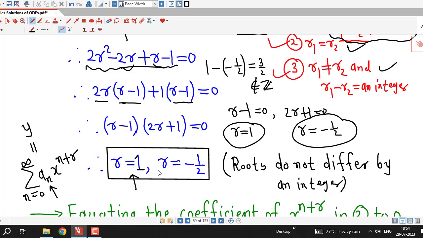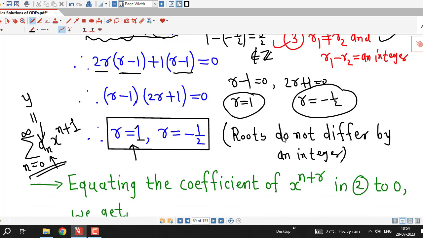Now we have decided two values, r equal to 1 and r equal to minus 1 by 2. So we will replace r by 1 and r by minus 1 by 2, and in both the cases we will decide these coefficients and we will write down the solution in this form. So if the roots are distinct and do not differ by an integer, then we have an easy case.